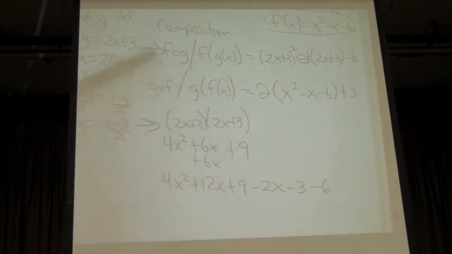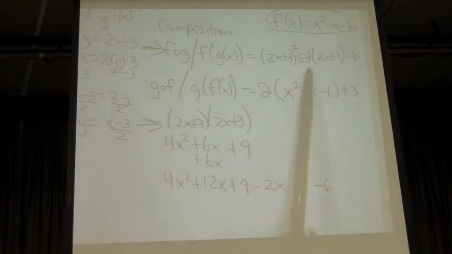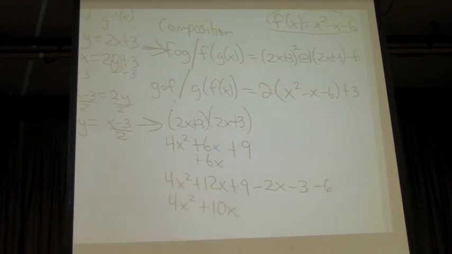We've FOILed to get 4x squared plus 12x plus 9, and distributed the negative. Now it's like terms: 4x squared plus 10x, and 9 minus 3 minus 6 cancels. So there's nothing left.